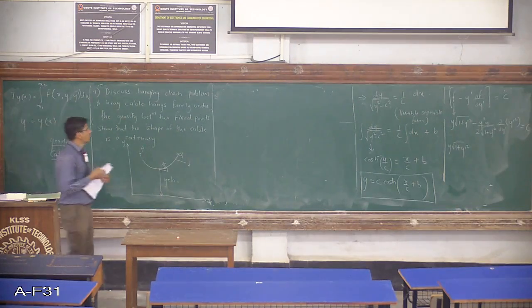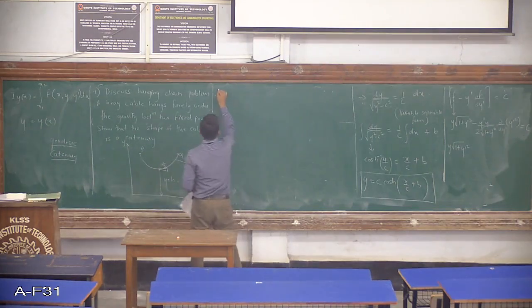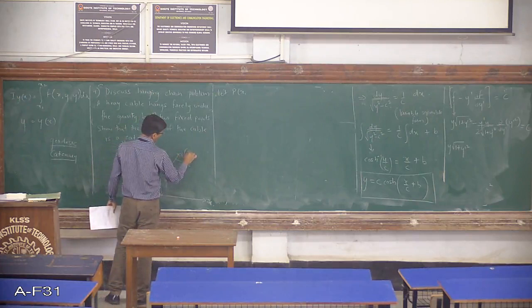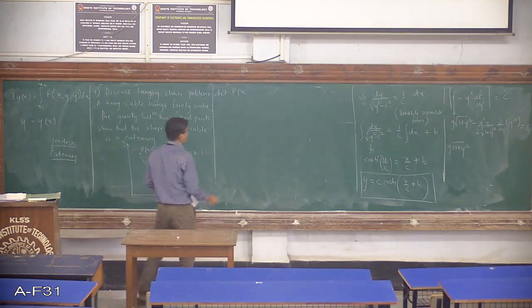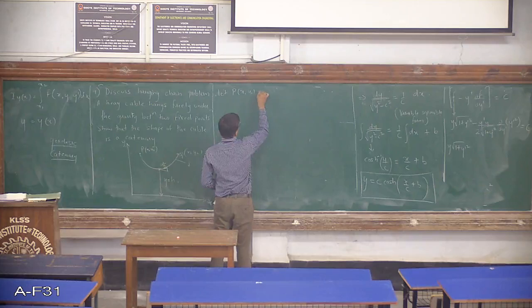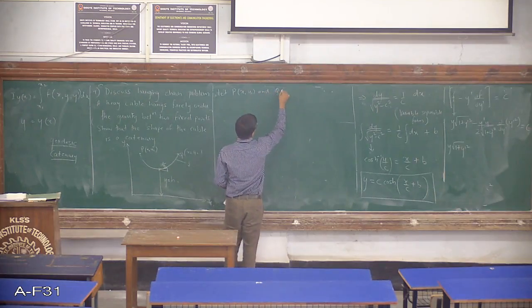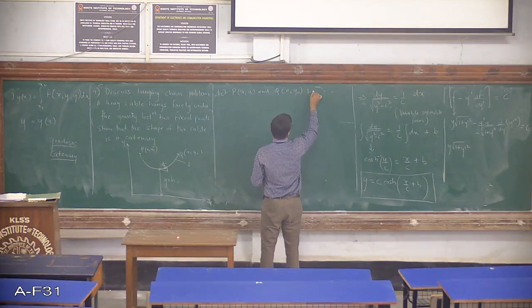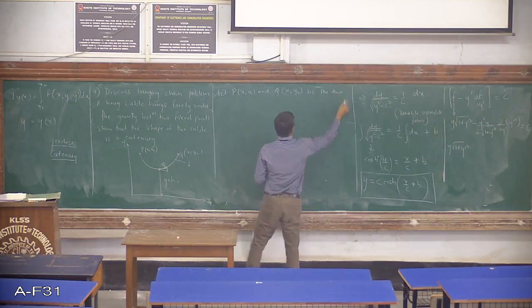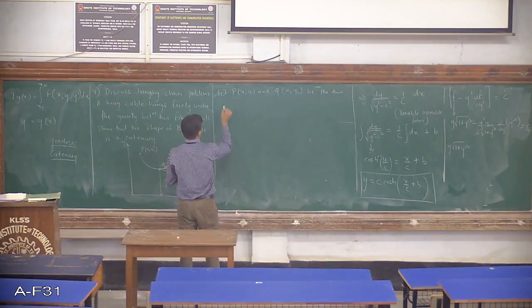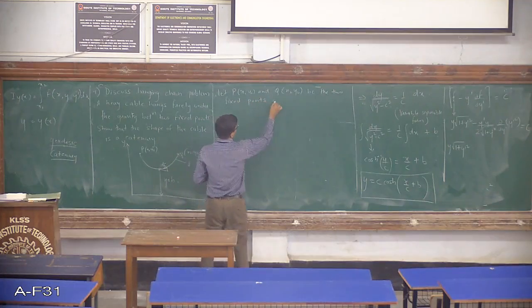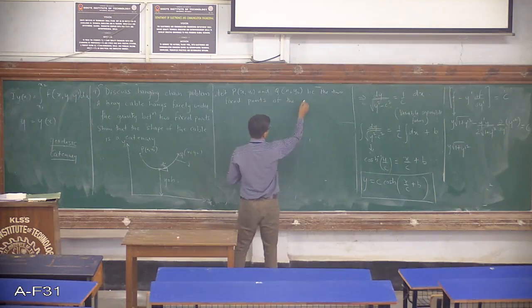So let me write the description first, and then I'll explain. So let P be the point x1, y1, and Q be the point x2, y2. Let P (x1, y1) and Q (x2, y2) be the two fixed points of the cable.